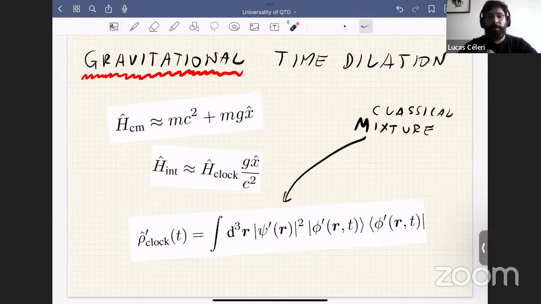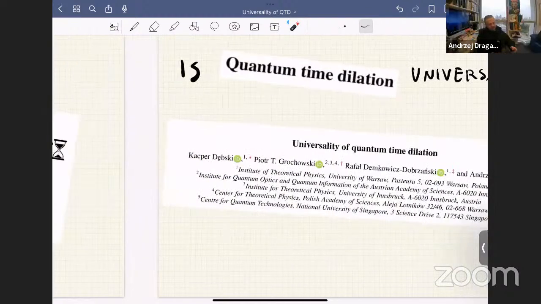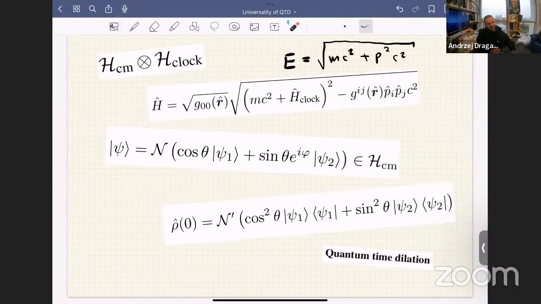Okay. So this time dilation that you are showing is valid for these sorts of highly symmetric spacetimes, where I can define time. You have your Hamiltonian, right? You can place any metric you want here, and this expression should still be valid.